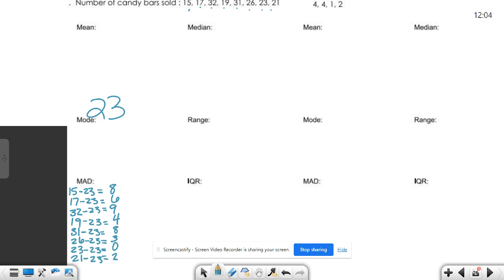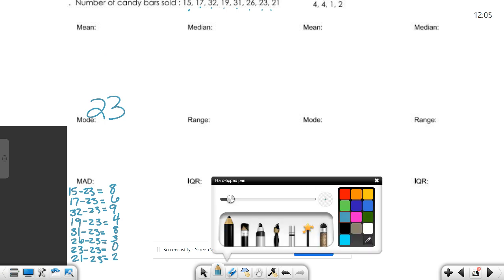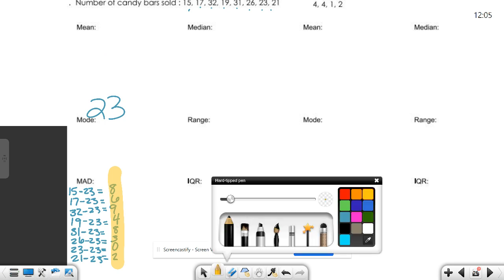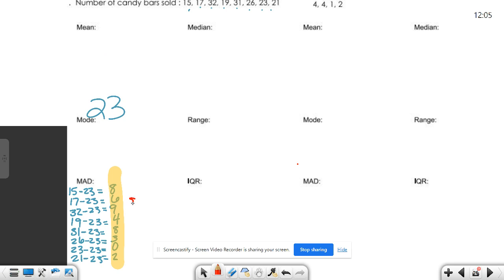Okay. So we find the mean, we subtract, and then we do what again? We find the mean again. So mean, subtract, mean. I'm going to find the mean of all those numbers we got when we subtracted. So we're going to do 8 plus 6 plus 9 plus 4 plus 8 plus 3 plus 0 plus 2.